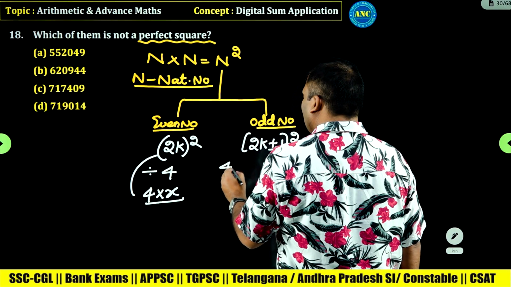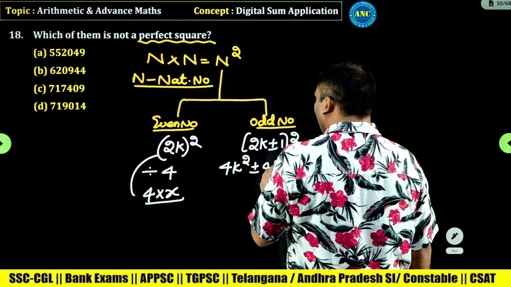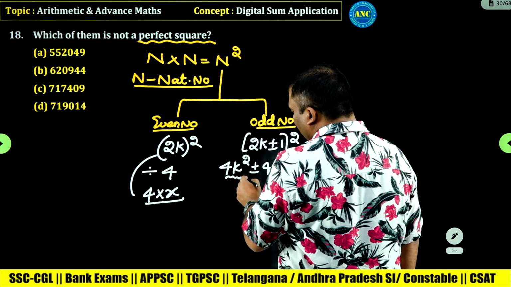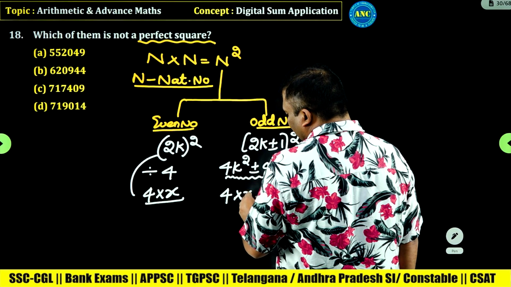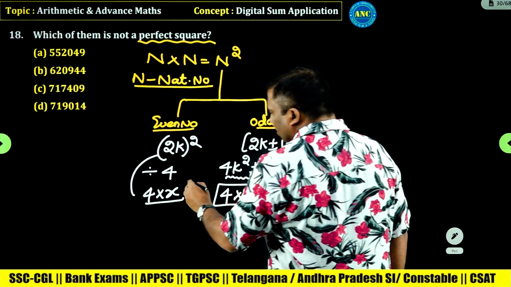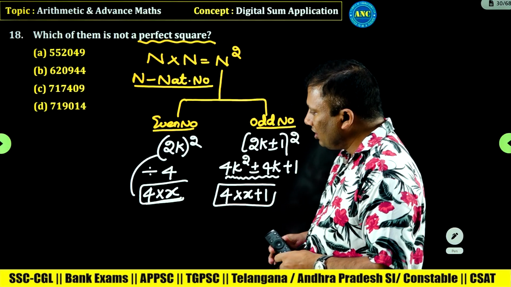Square it: 4k square plus or minus 4k plus 1. The first part is divisible by 4, and the second part is also divisible by 4, so the answer when divided by 4 should have remainder 1.